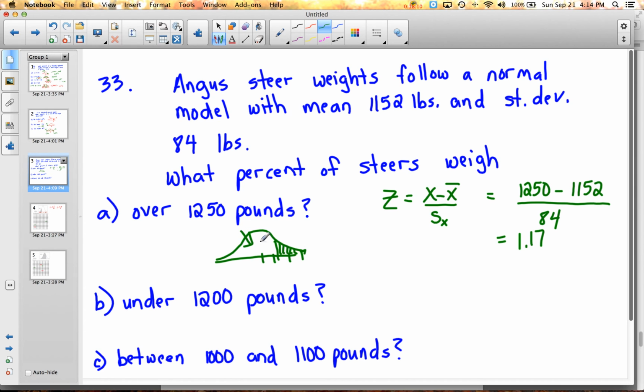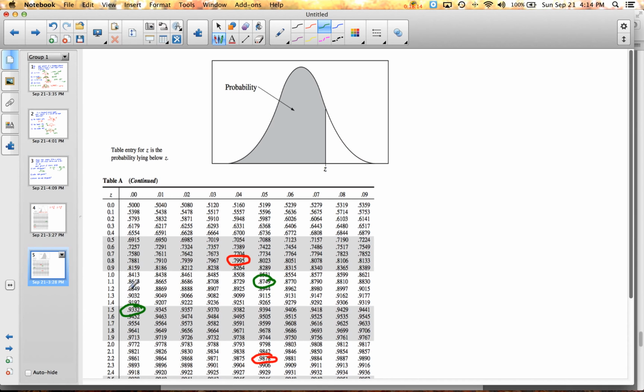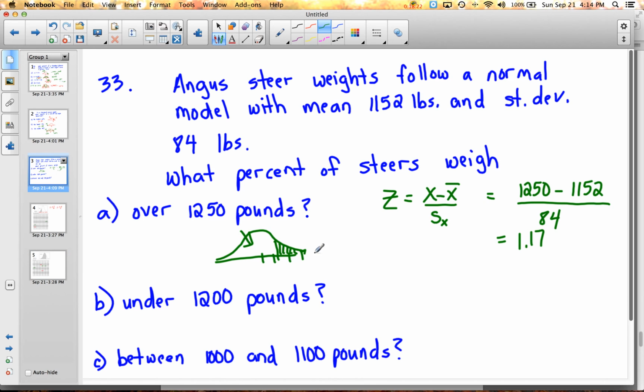So I'm going to look up 1.17, 0.8790, so we have 1 minus 0.8790.